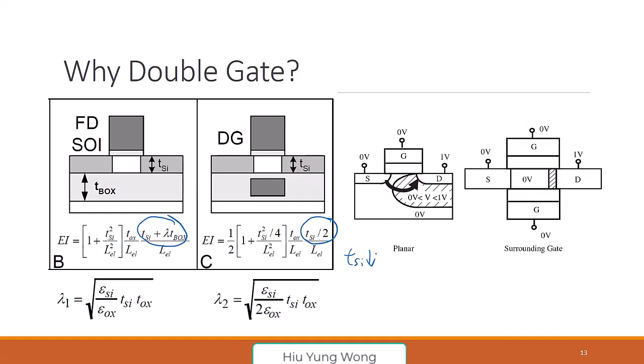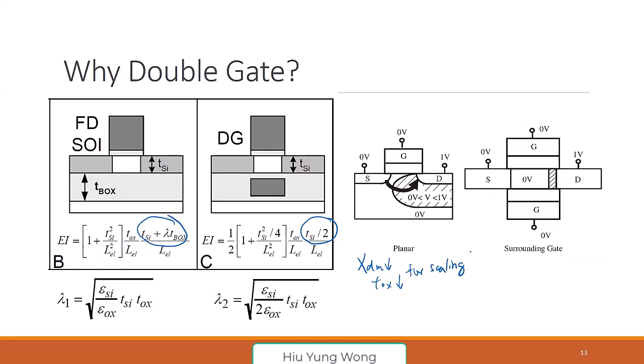We want to reduce the thickness of the depletion region, right? We want to reduce the oxide thickness, right, for scaling. So if I can add another gate on the bottom, then it will be good.